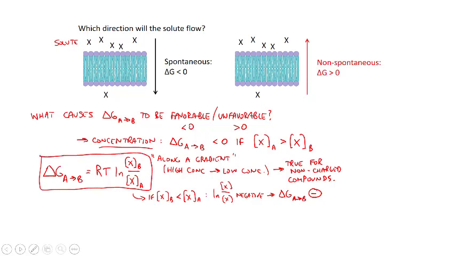So this is an equation that is essentially just the free energy of a chemical reaction. If you consider the chemical reaction X on side A becoming X on side B, your equilibrium constant would be the concentration of X on side B divided by the concentration of X on side A, and then the free energy is just RT natural log of the equilibrium constant.